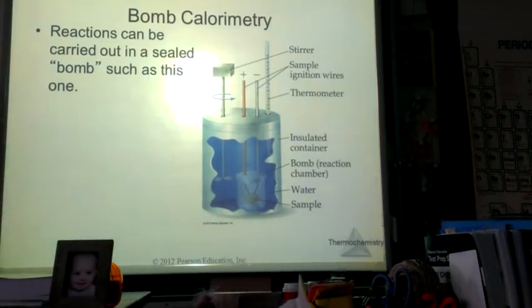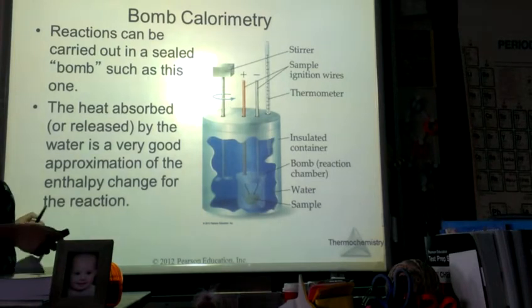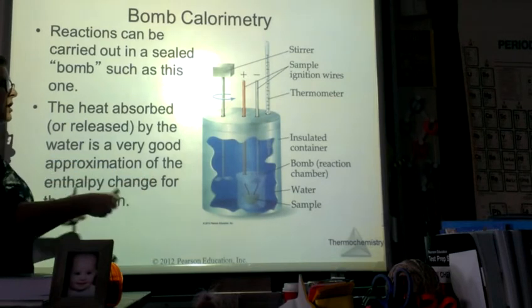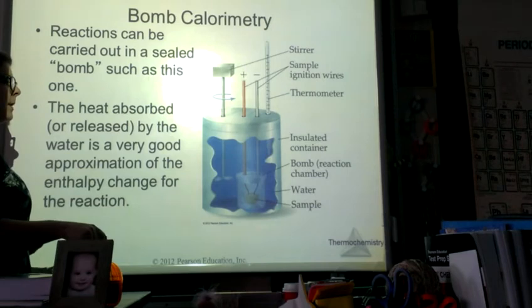Okay? So then to calculate the heat of combustion from the measured temperature increase, we're going to have to know something called the total heat capacity, or what we would call Ccal. So all we're doing is, it's the exact same thing ultimately as the coffee cup calorimeter. The only difference is I have that reaction in a little contained vessel. We call that a bomb.